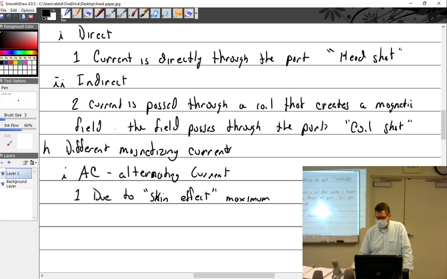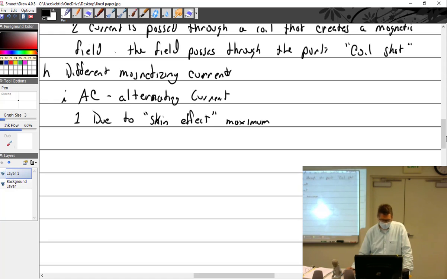Due to skin effect, maximum lines of flux are produced on the surface.